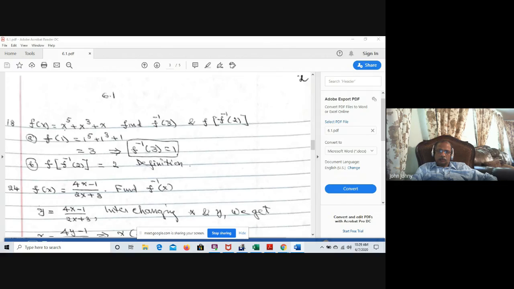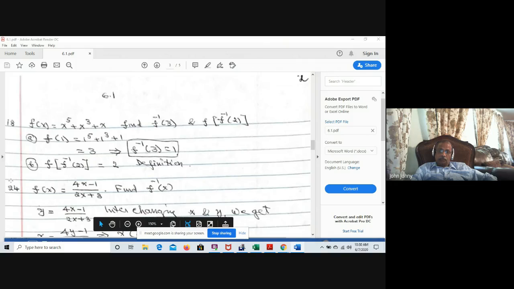When x is 1, f(x) becomes 1 to the 5 plus 1 cubed plus 1. That is, f(1) equals 1 plus 1 plus 1, which is 3. f(1) equals 3 means f inverse 3 equals 1. So that is the answer to the first part of the question.